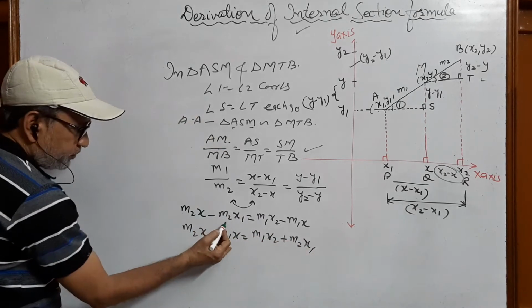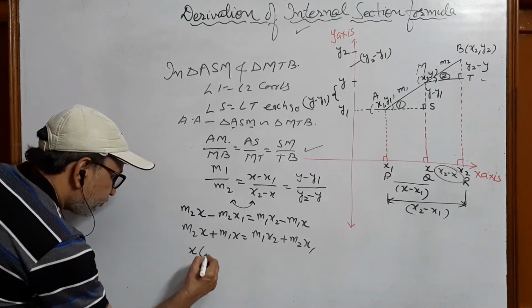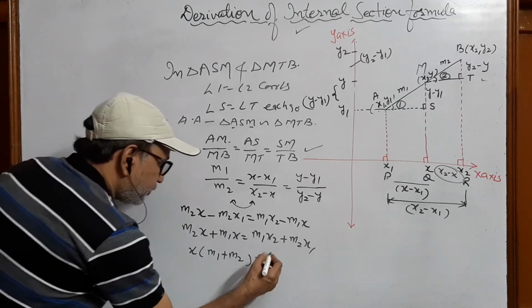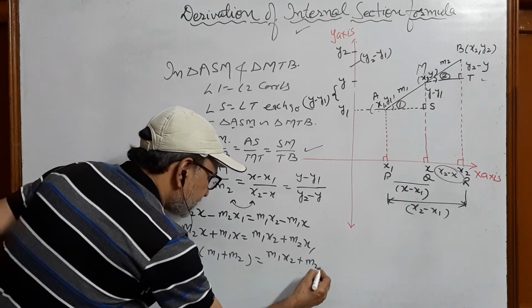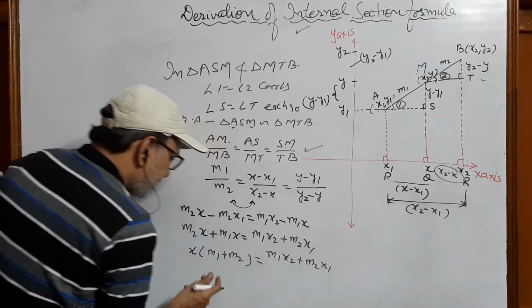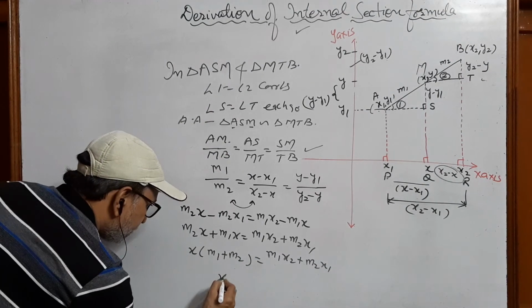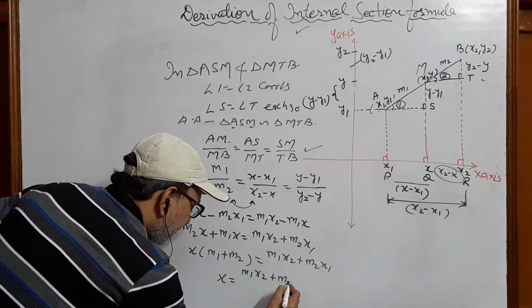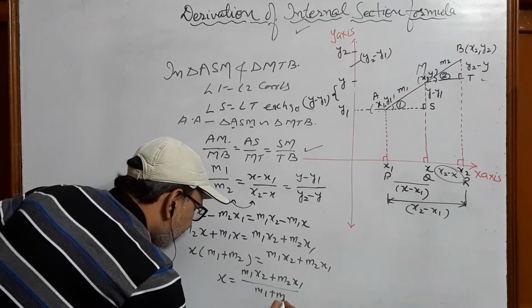Then X is common, so M1 plus M2 times X equals M1 X2 plus M2 X1. Therefore X equals (M1 X2 plus M2 X1) upon (M1 plus M2).